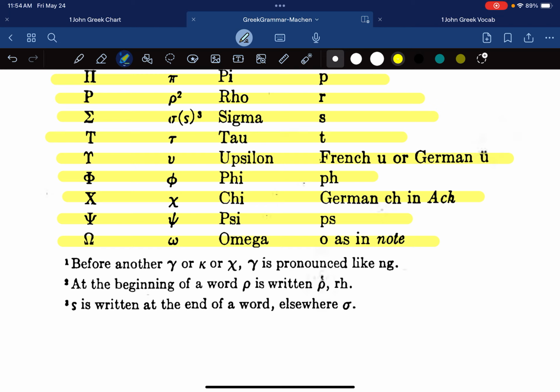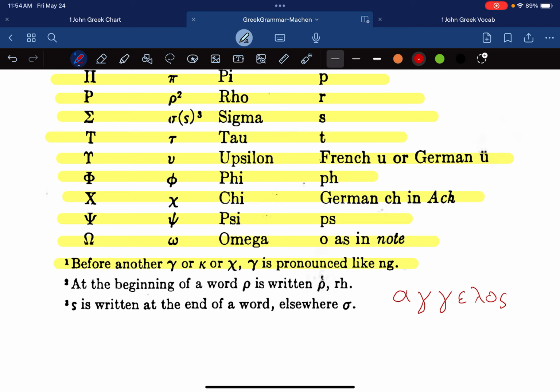A few things we need to note: before another gamma or a kappa or a chi, the gamma is pronounced like NG. And let me give you an example of this. You have the word angelos in Greek, which is our word for angel.